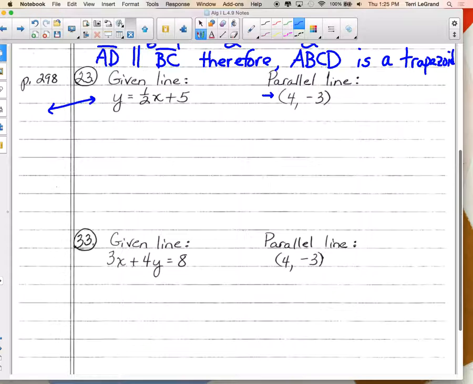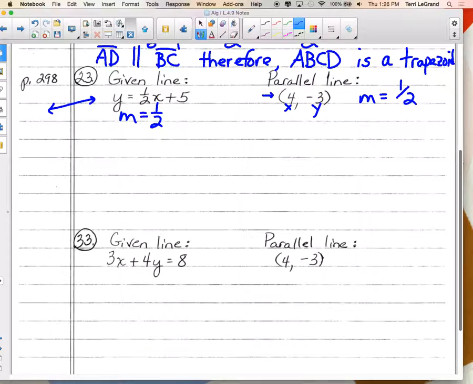Carson? Altogether, the negative 3 for y and 4 for x, and then the 1/2 is the slope. Well, why is the slope 1/2? Oh, it has to be parallel to this one, and this one has a slope of 1/2. So would you write that down? That's important. We have to take that information from the given line. If your slope is 1/2, on the new line, I have to have the same slope.